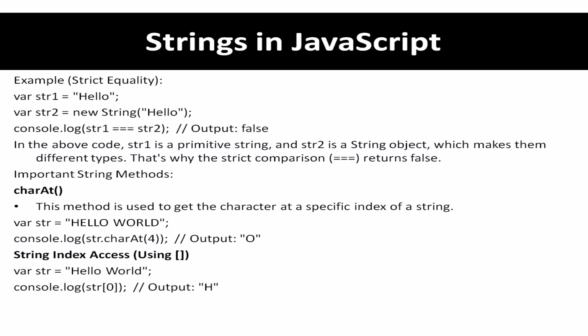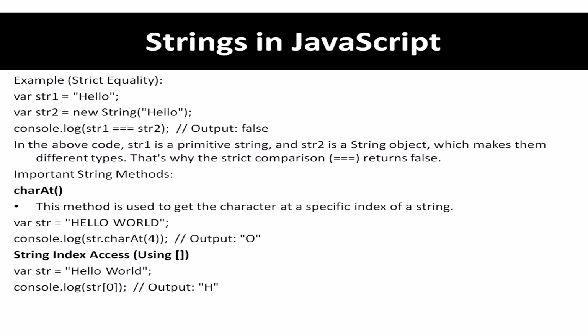Next, strict equality. For example, string 1 is hello and string 2 is also hello. Whenever you check that, by using a triple equal to, it is going to check a strict comparison between operator string 1 and operator string 2.